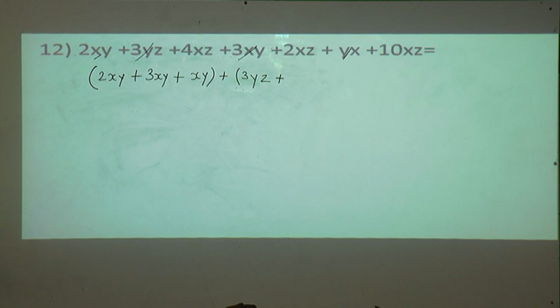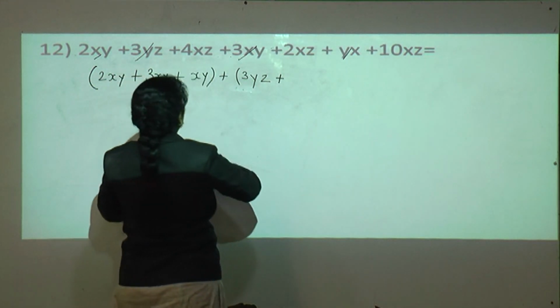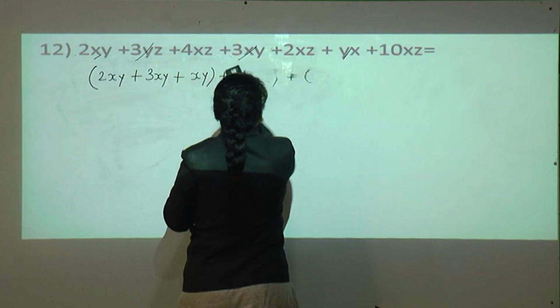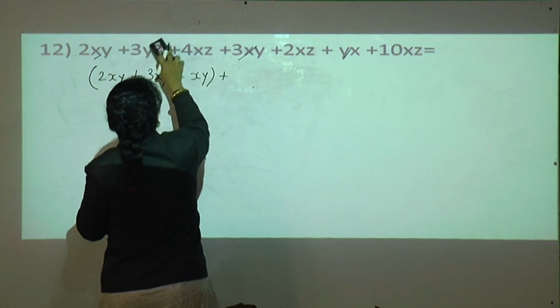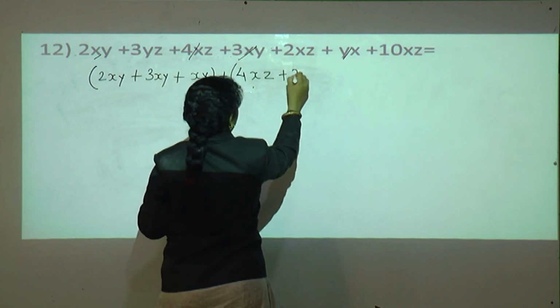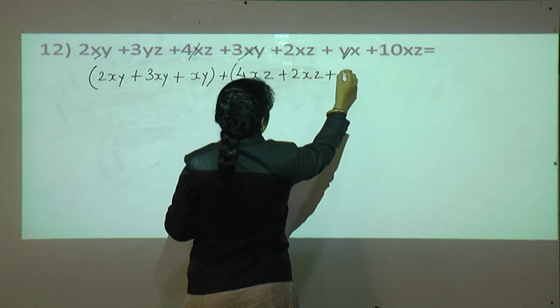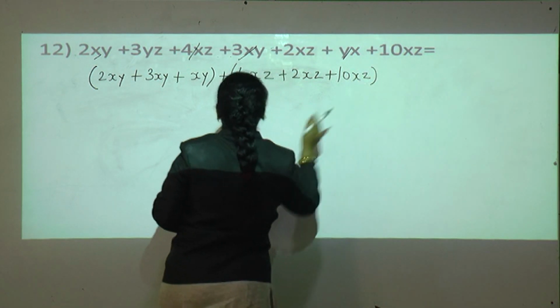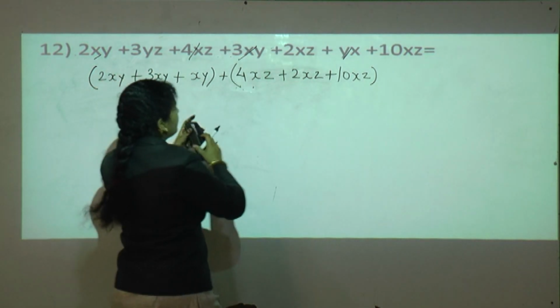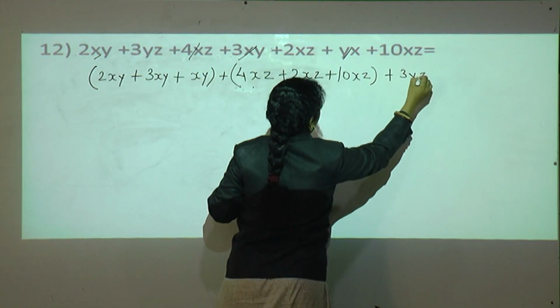Now 4xz. See 4, first we will see here 4xz. So here also 2xz and plus xz. Okay, now students, what to do now? Here 3yz will write as it is.